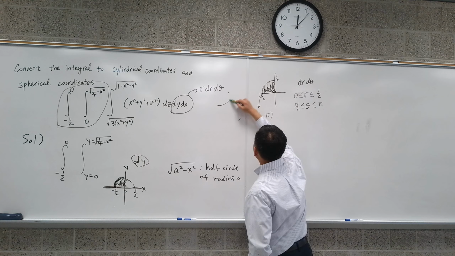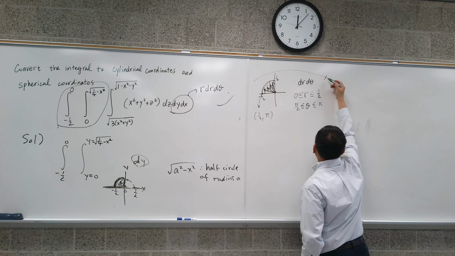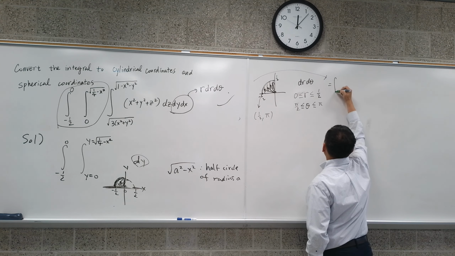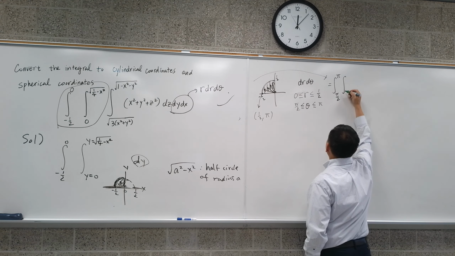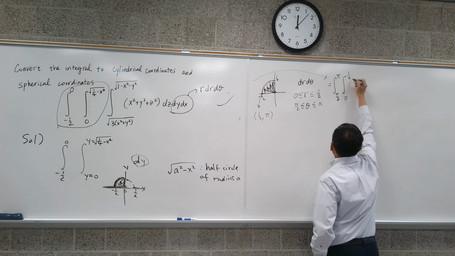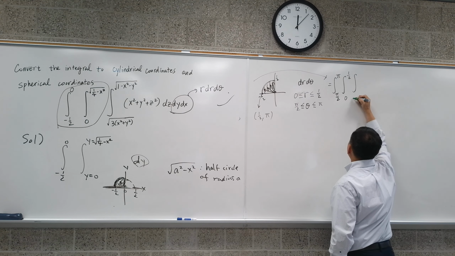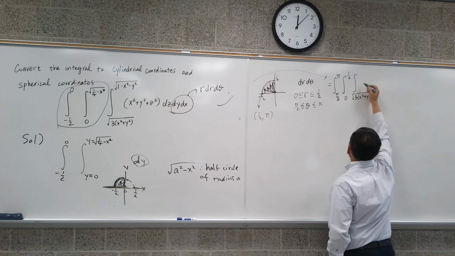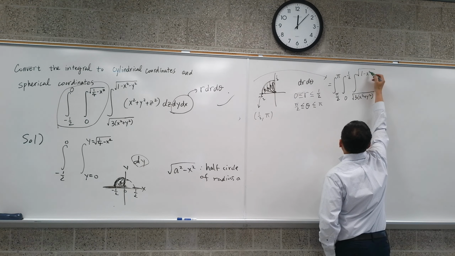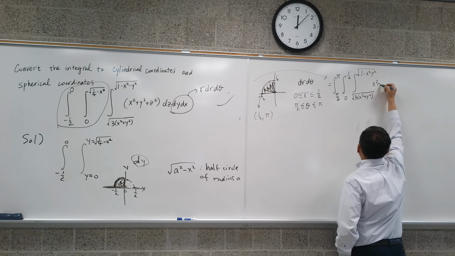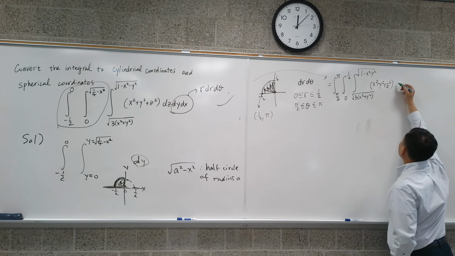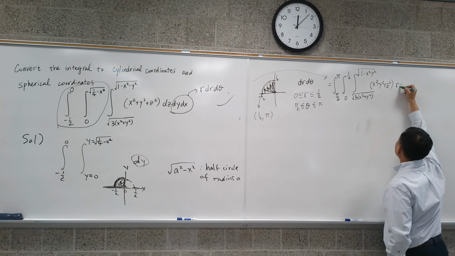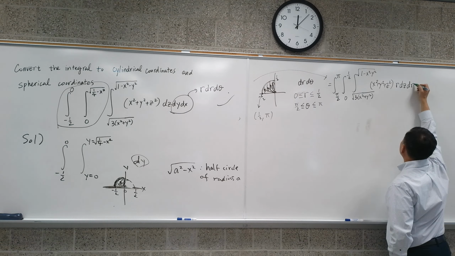So that means this integral can now be written as the integral from pi over 2 to pi, r goes from 0 to 1/2, and then the integral of 3x squared plus y squared, and then the square root of 1 minus x squared minus y squared, x squared plus y squared plus z squared. These I didn't change yet, but now we have r dz dr d theta.